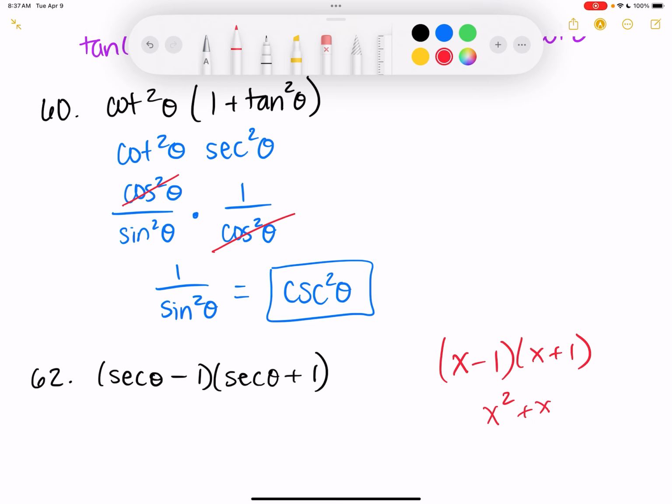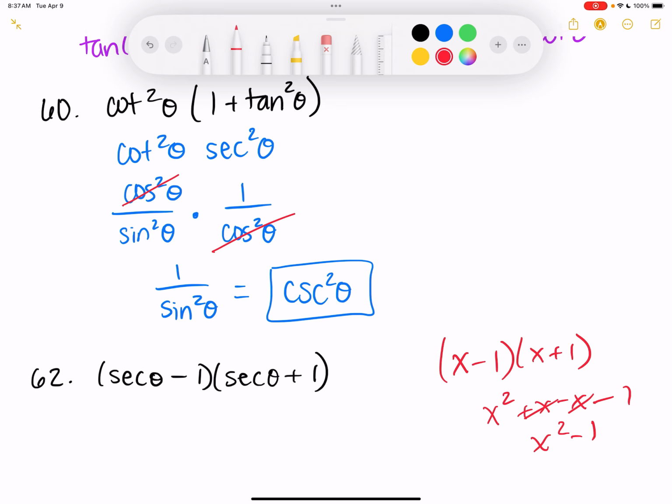Minus 1x plus x. Wait, no. Minus 1. Minus 1. So that stuff goes away, so this is a difference of squares that gives you x squared minus 1. So now, this looks kind of like that, right?